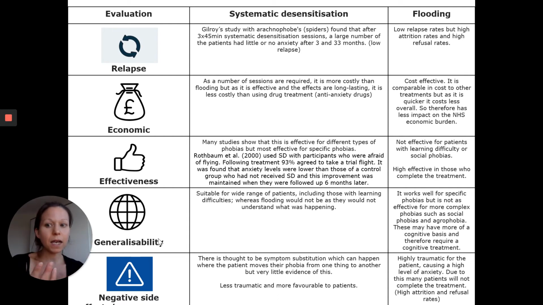So actually, either of these behavioural treatments are not going to be as effective for those phobias which have a more complex nature and more cognitive nature. And that's a weakness of all of this, isn't it? All of this is behavioural. Well, we know that phobias have a cognitive element too. There's things going on in here when somebody's having those irrational thoughts and that selective attention towards the thing that they're phobic of. But generally, this approach ignores all of that. And that would be a nice evaluation point.